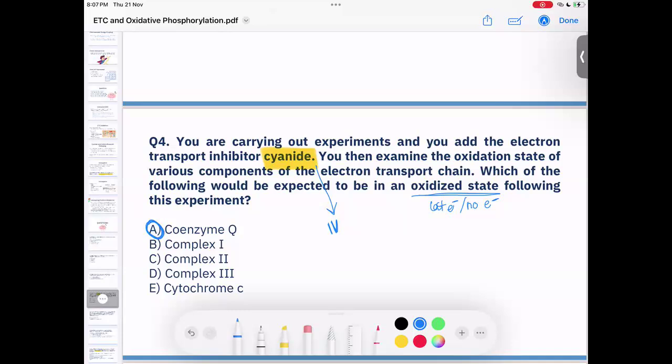Hence, cytochrome C will not have lost any electrons, and as a result, complex 3 as well will not be in the oxidized state, and this leaves coenzyme Q in the oxidized state.